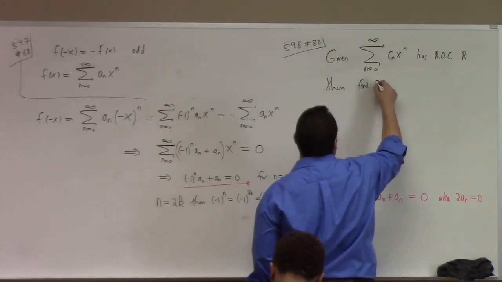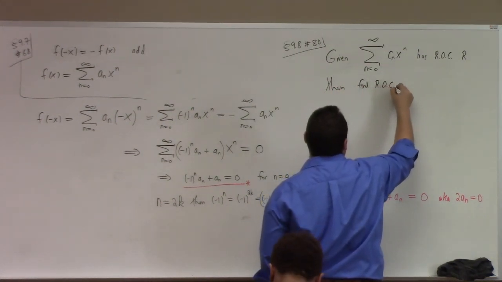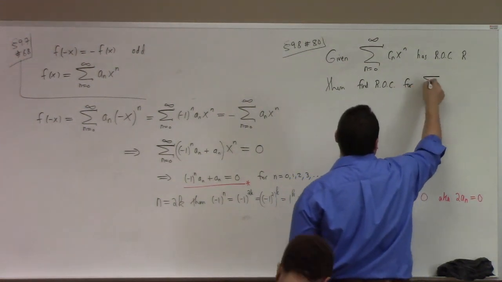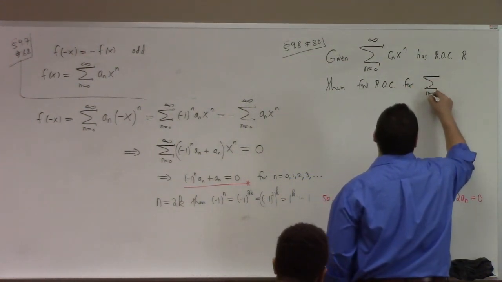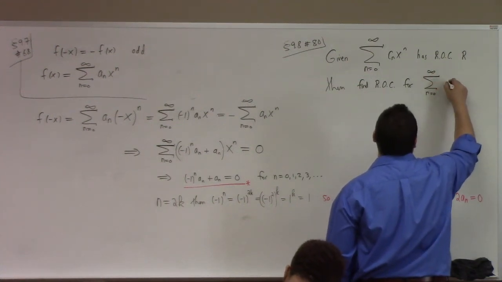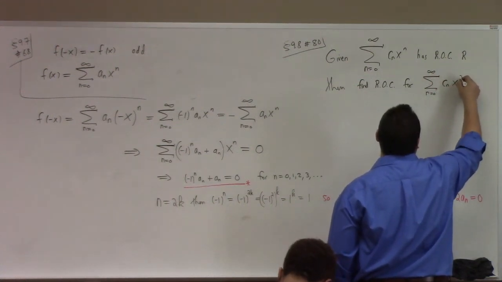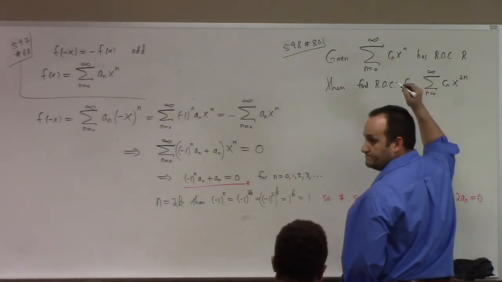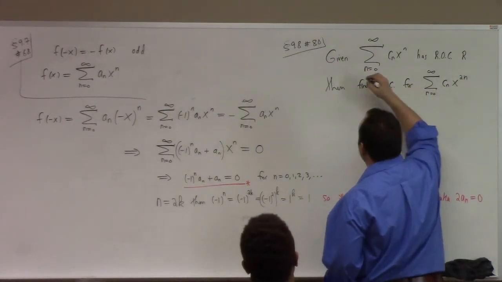Find the radius of convergence for the sum from n equals 0 to infinity of Cn x to the 2n. Right, that's what it is, 2n.